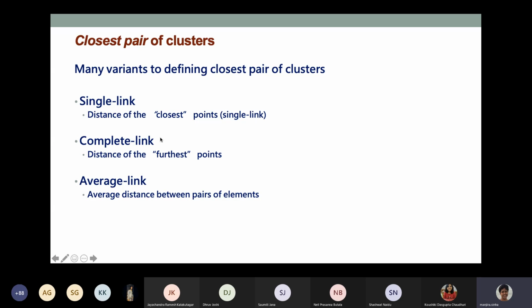The second is the complete link. That means for connected graphs, we take the distance of the farthest points, like which two points are most distant from each other. And in between these two, we have the average link clusters. That means we compute the average distance between the pairs of elements.